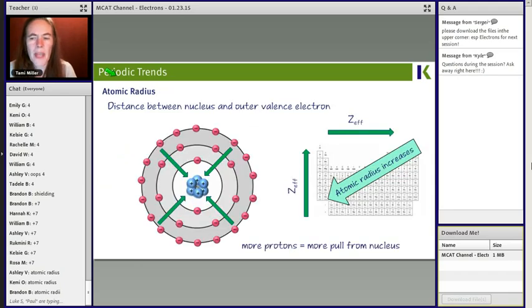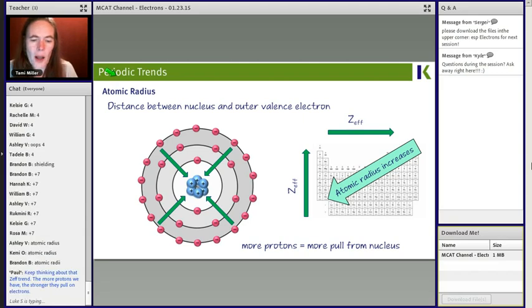So if I'm looking at francium, it's going to have a nice, big, fluffy radius. Whereas fluorine, because it's +7, is going to be pulled really, really close. This is the only one that goes opposite of our effective nuclear charge.